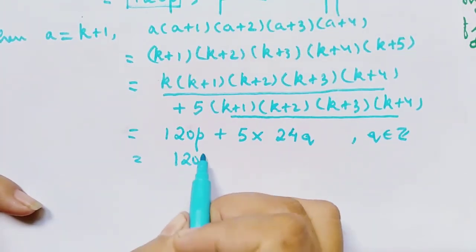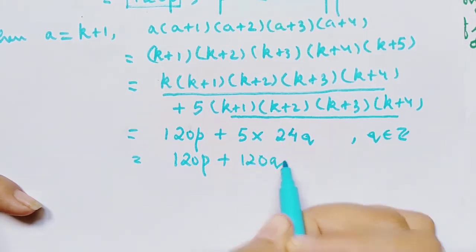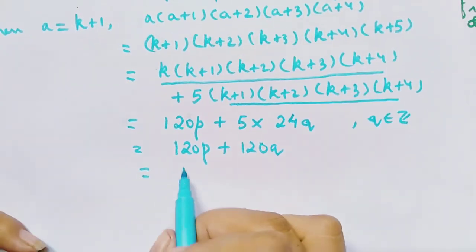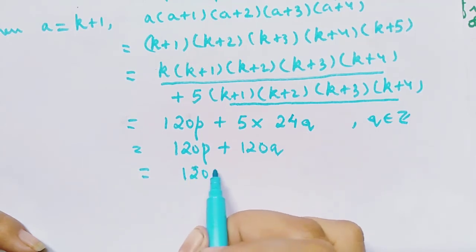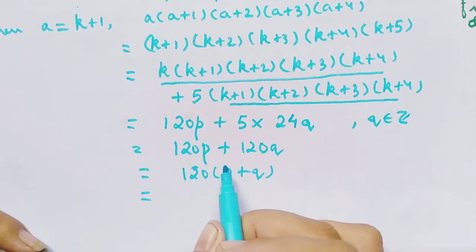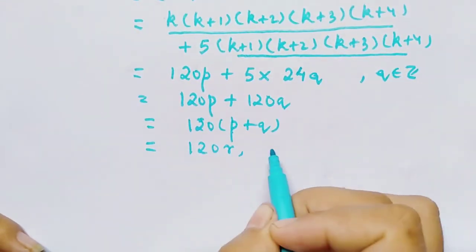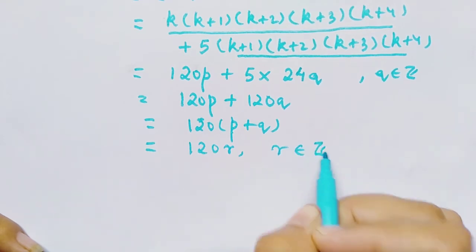Now we have 120p plus 120q. 120 is common, so we have 120 into p plus q. Now p is an integer, q is an integer, so we get another integer, say r.